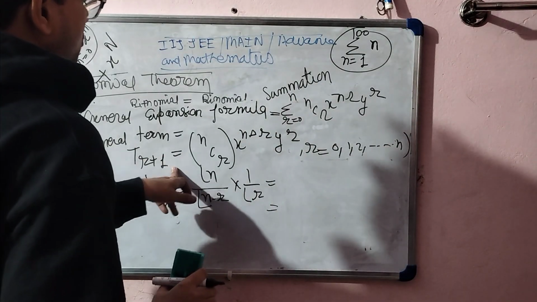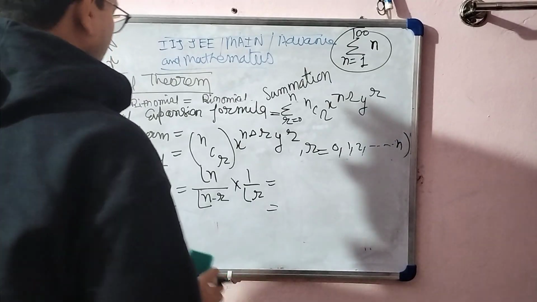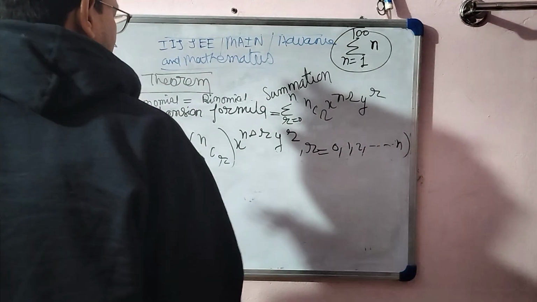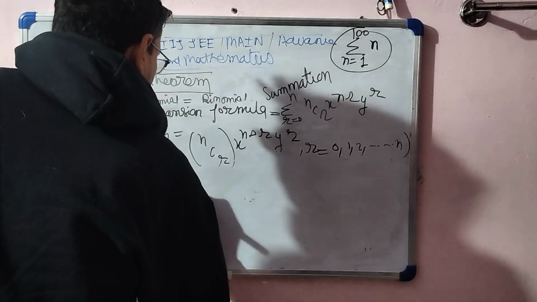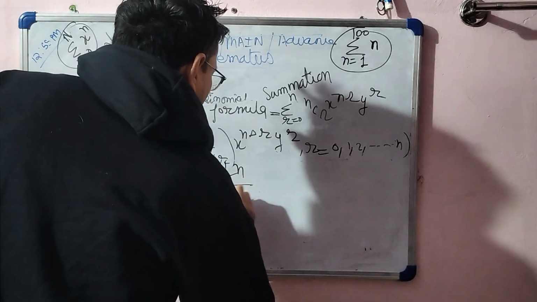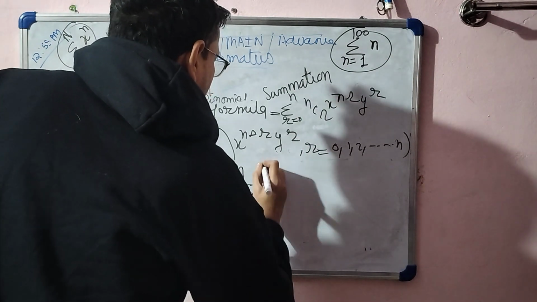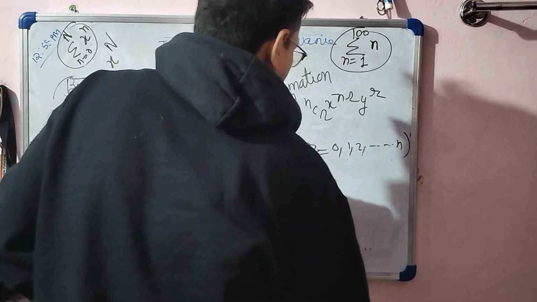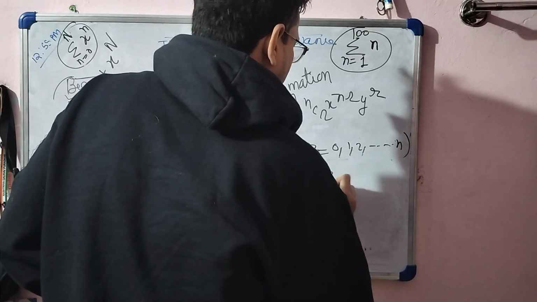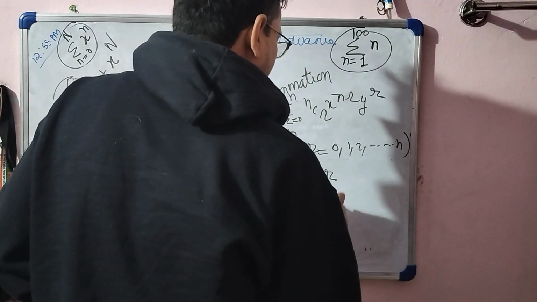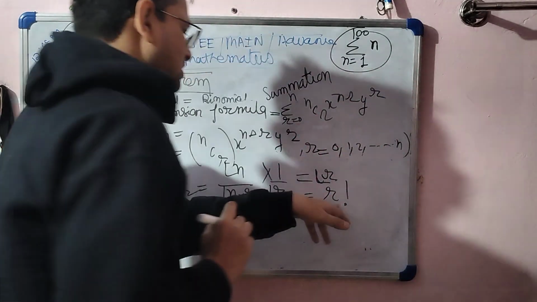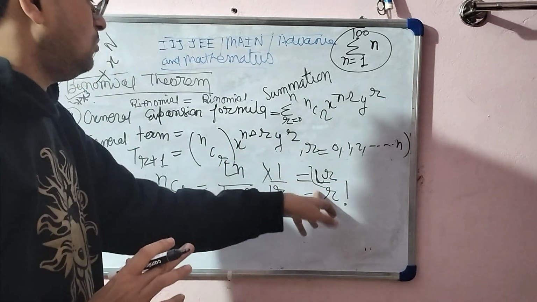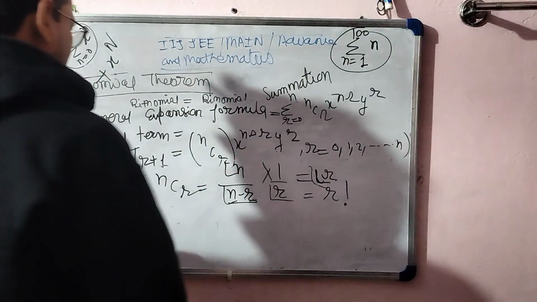Then T(r plus 1) equal to nCr x to the power n minus r, y to the power r. What is nCr? nCr equal to factorial n upon factorial n minus r, into 1 upon factorial r. There is also a symbol of factorial, you can use any symbol.